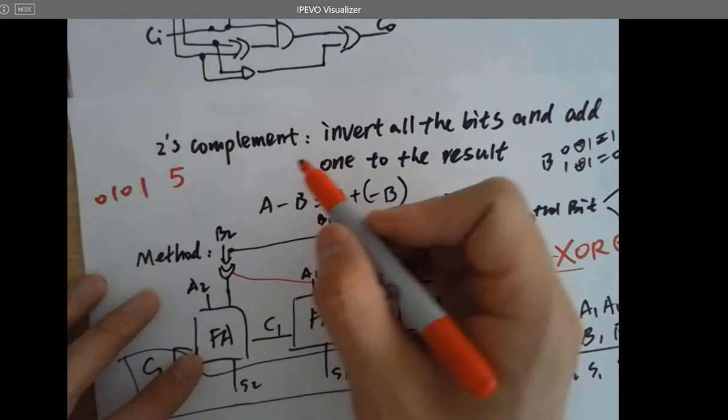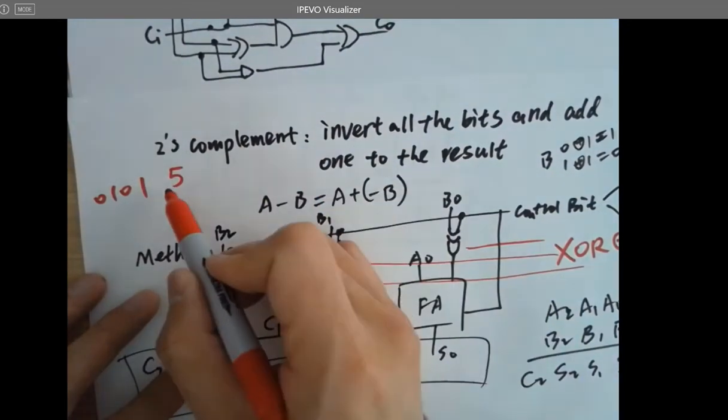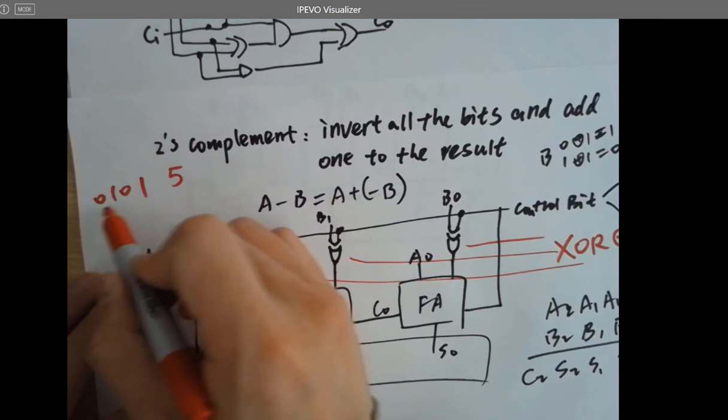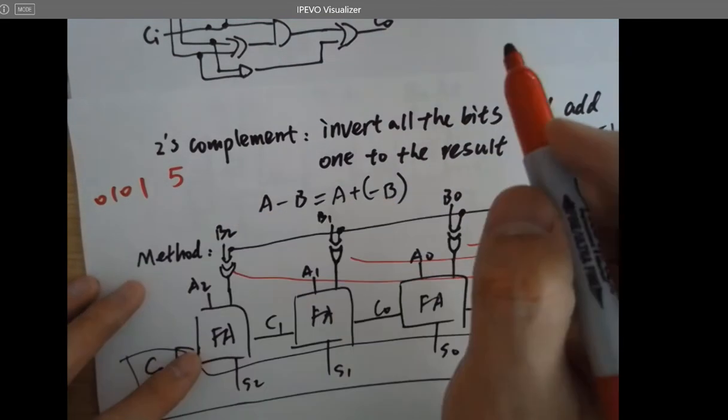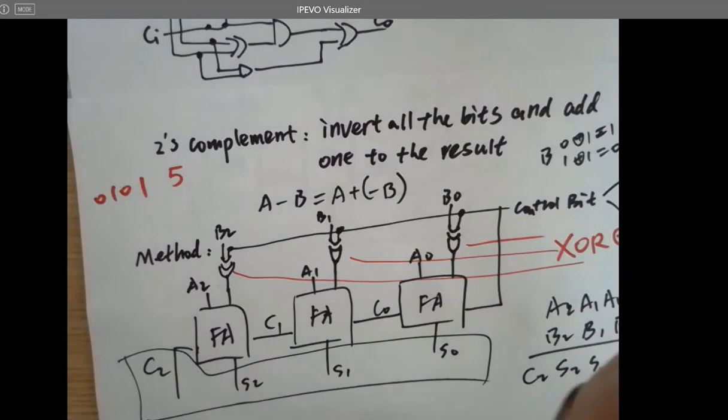So the way we define it is, if you want to find -5, we just flip every bit and add 1 to it. You can also use 1's complement, which only flips all the bits without adding a 1, but we found a huge flaw in it. So we stopped using that 30 or 50 years ago, and found that 2's complement is perfect. So all computers now use 2's complement.